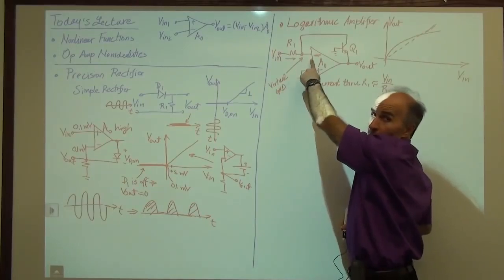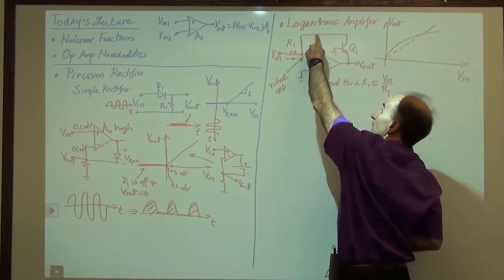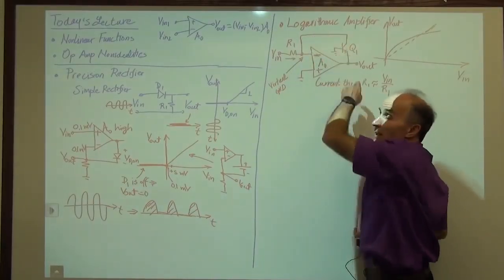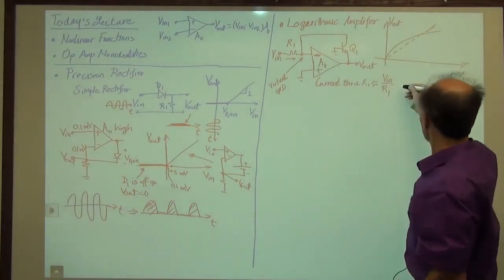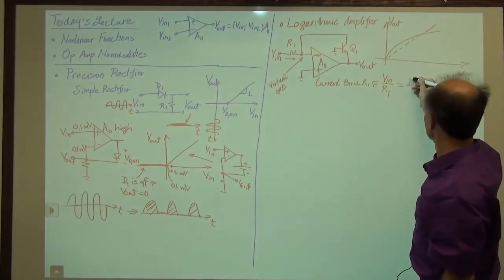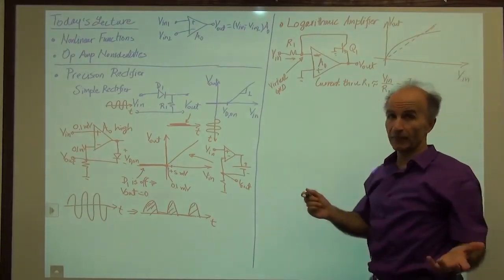It cannot go to the op-amp. It has to go through this terminal and become the collector current of Q1. So this is equal to IC1. It has to happen that way, right?